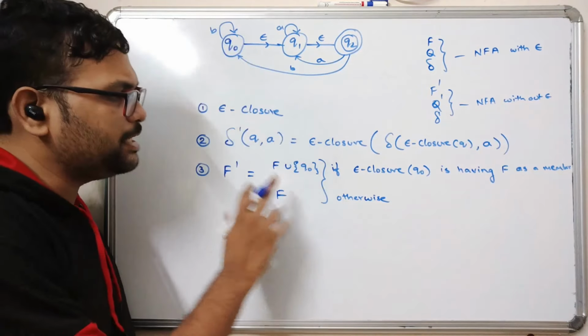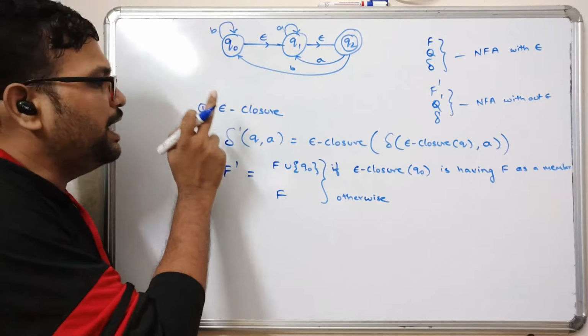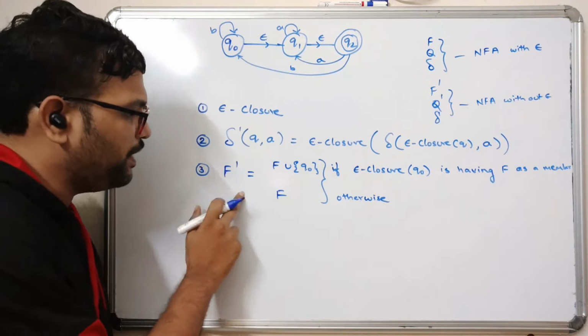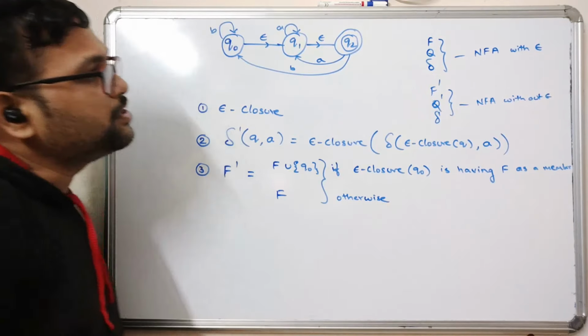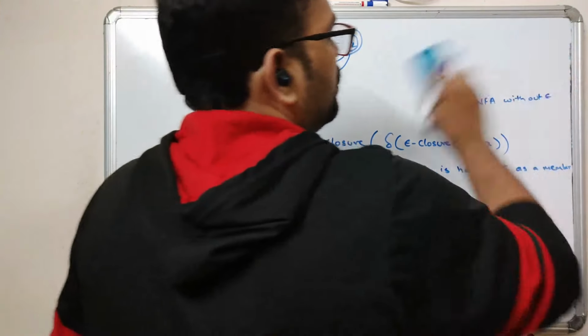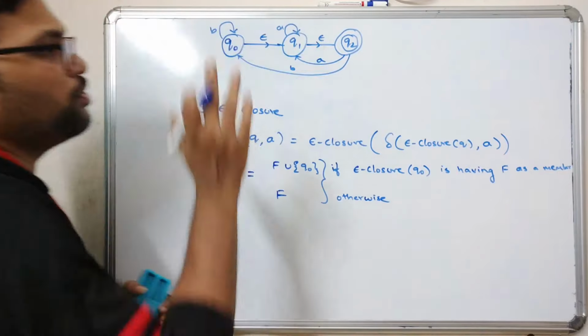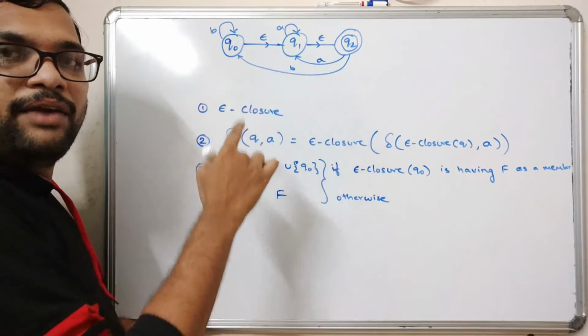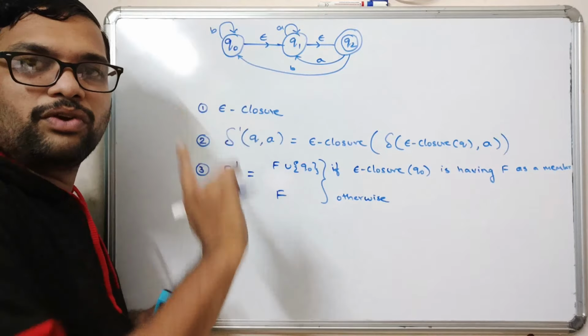So only three steps. First we need to find the epsilon closure, then we have to find the transition for every input symbol, and then we have to find the final states, right? So let us start solving this. You can observe here we have some epsilon moves, and we need to convert these epsilon moves to without epsilon.